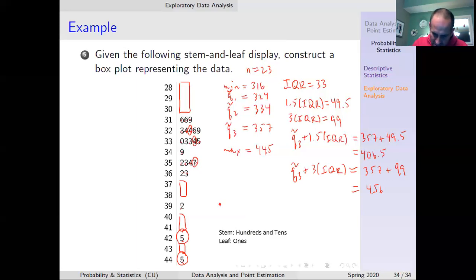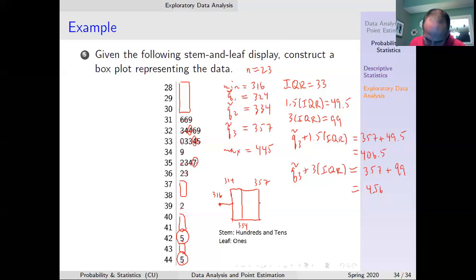Let me say this is 316, and then I go up to 324, and then what's next? 334, and then 357. And then I go up to the last thing that isn't a suspected outlier, which would be 392, apparently.